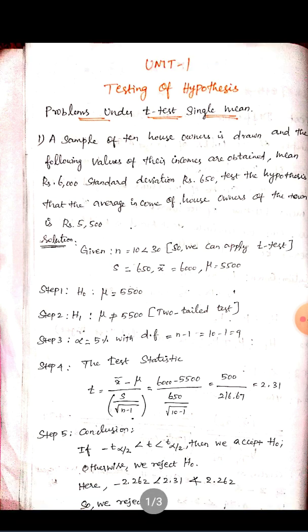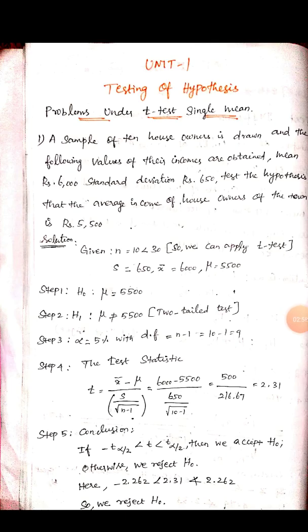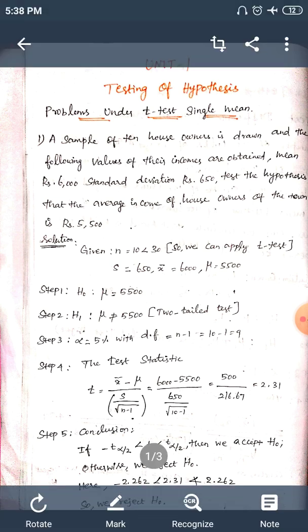Step 5: conclusion. Here the calculated value is 2.31. For the table value, at the 5% level of significance and 9 degrees of freedom, we check the t-table. The table value will be provided in your examination hall.